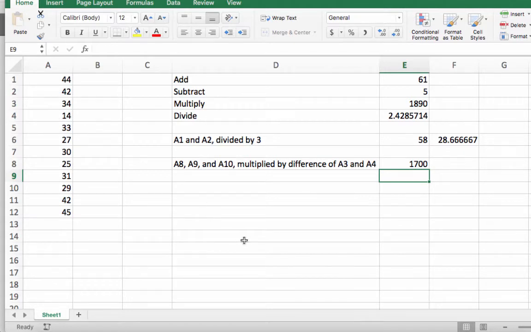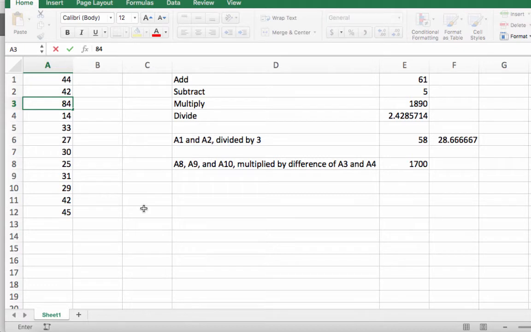Okay? So those are your basic operations. Now you notice I was not entering plain numbers in here. Like up here when it said add, and I said I want to add A3 and A6, I didn't just say equals 34 plus 27. I could do that, but look at what happens. If let's say I go back later and I decide, you know, that shouldn't be 34, that should be 84.